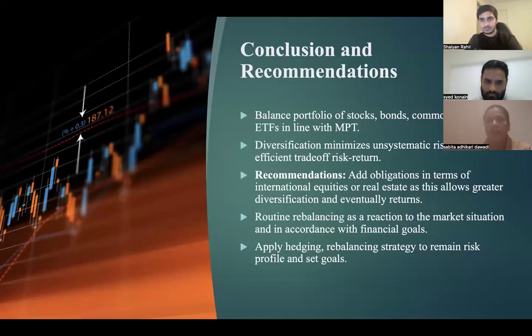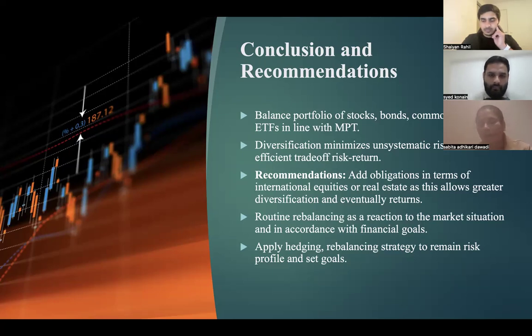Then the final slide is the conclusion and recommendation. In our presentation, we built a balanced portfolio of stocks, bonds, commodities, and ETFs in line with modern portfolio theory. Diversification minimizes unsystematic risks and gives an efficient risk-return trade-off. We recommend adding international equities or real estate, as this allows greater diversification and eventually returns.